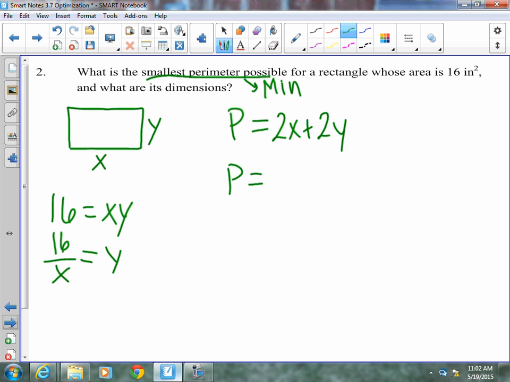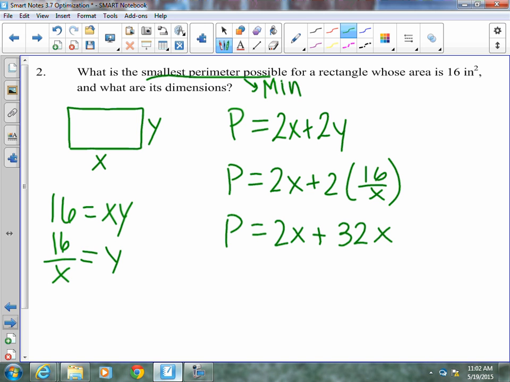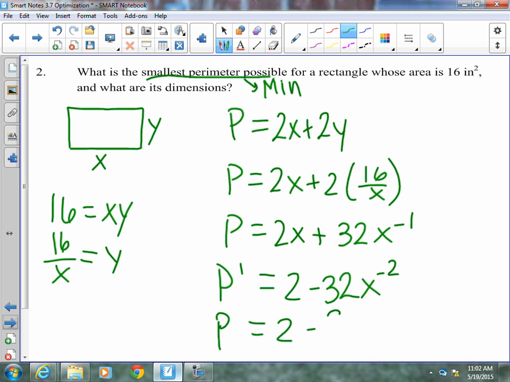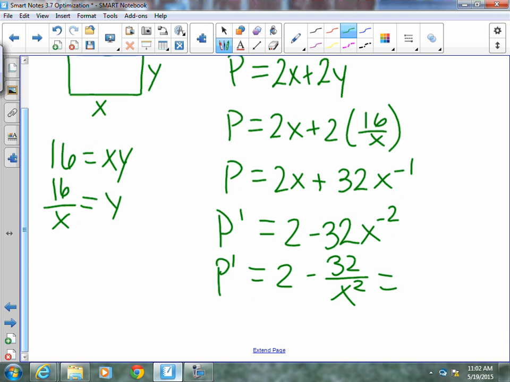So our perimeter is really 2x plus 2 times 16 over x, or 2x plus 32x to the negative 1. We need P prime, which would be 2 minus 32x to the negative 2, or 2 minus 32 over x squared. So far, so good. Find our critical values.